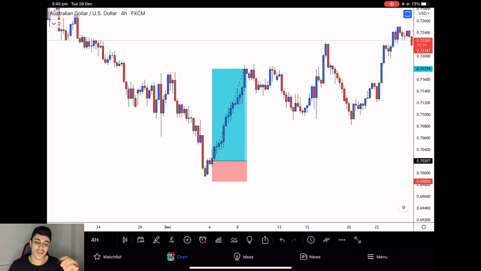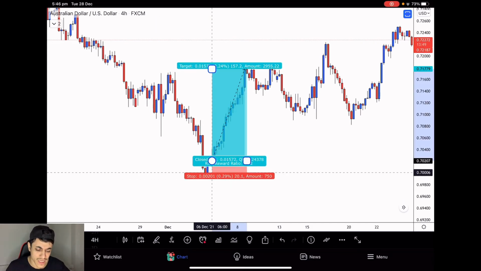Let the market breathe, give the market some room, and if you do that for a month, your stop loss wouldn't be getting hit as often as if you just put your stop loss somewhere random. I know a lot of people, some people have a strict pip count stop loss. They're like, oh, I have to have a 10 pip stop loss, or I have to have a 5 or 10.